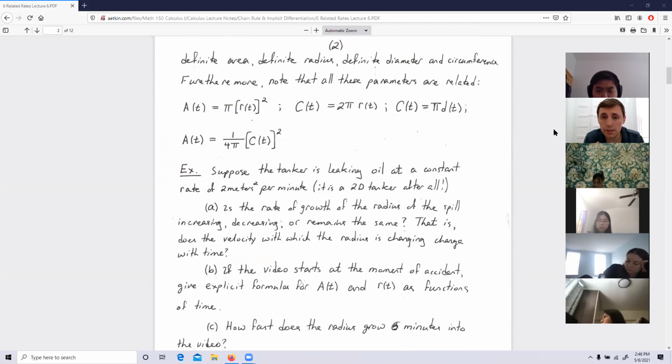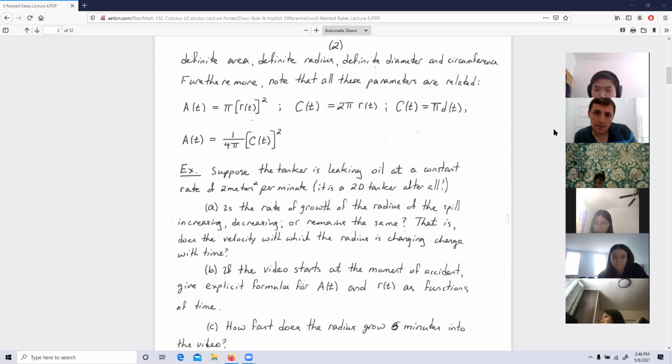So if the radius doubled, for instance, the area has to be quadrupled. But the area is increased at a constant rate. So every time you double the radius, you quadruple the area, so it should take longer time.